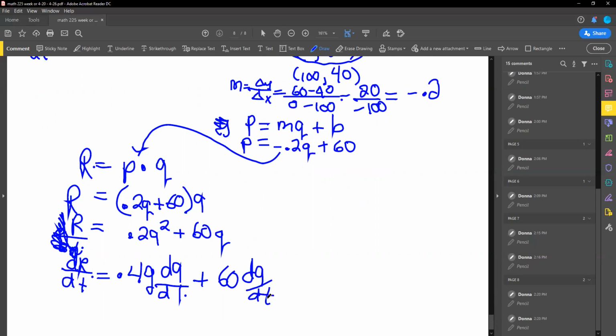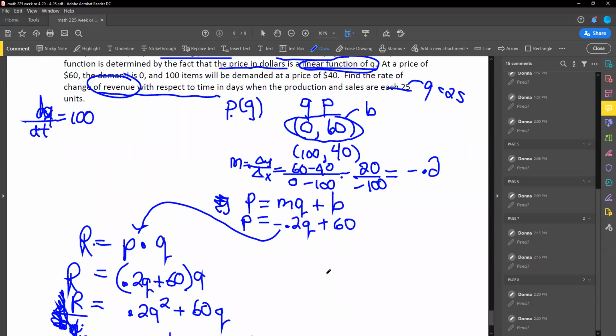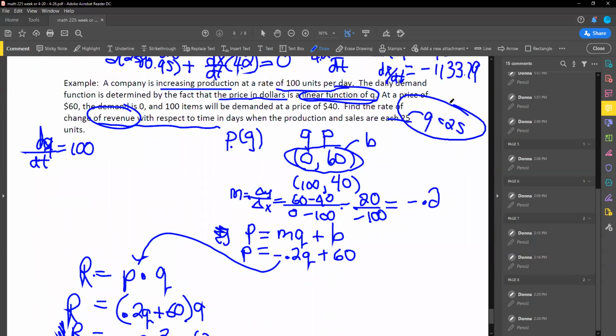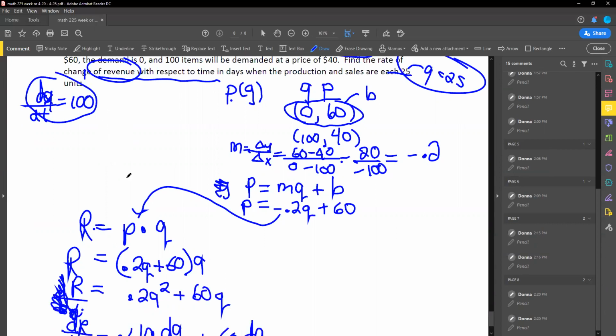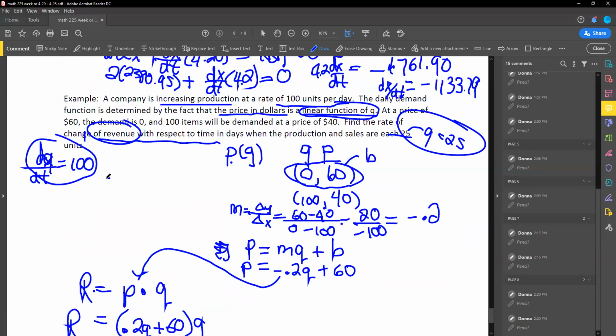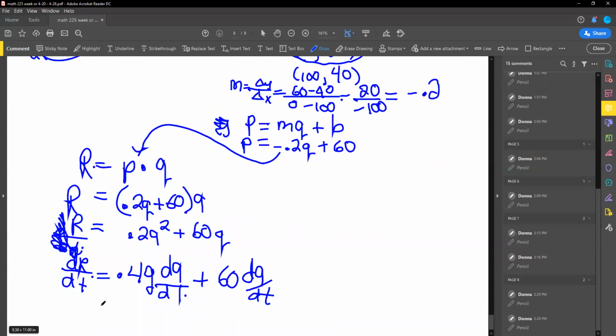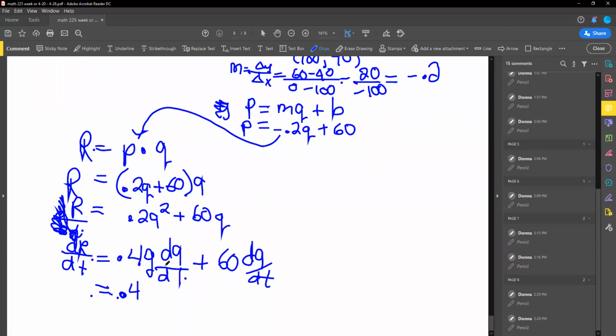I want the rate of change in revenue. Notice that I have the quantity. The quantity is 25, and I have the rate of change of the quantity is 100. So we're going to plug it in. It's 0.4, Q was 25, dQ/dt we decided was 100, plus 60 times 100.